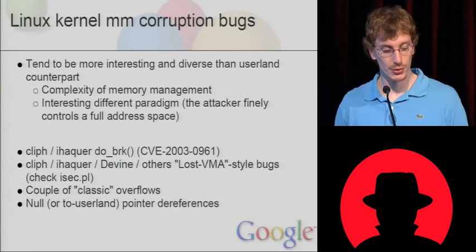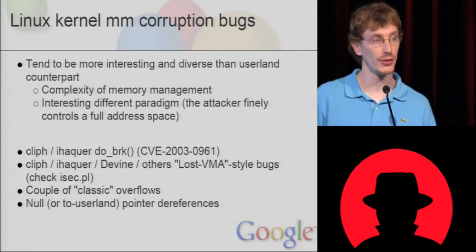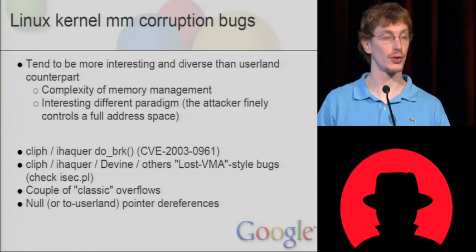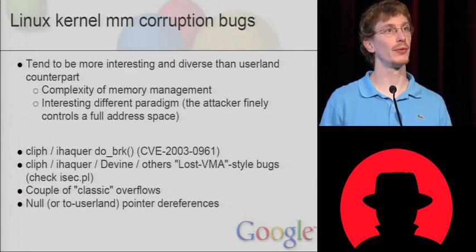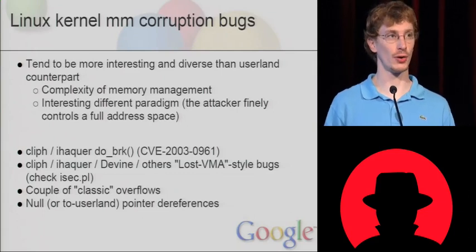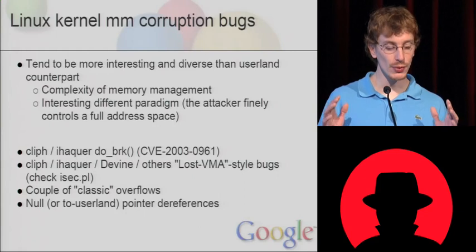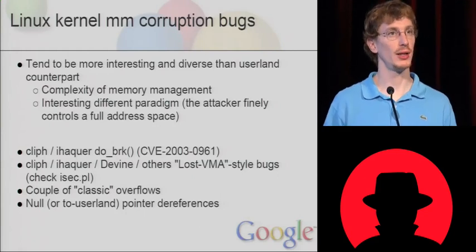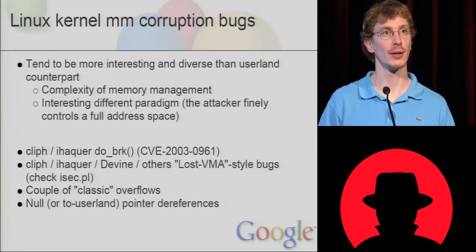And it's also due to an interesting different paradigm where the attacker actually finally controls a full address space. So this allows an attacker to make way more complex attacks because he has the control of a whole address space to finally exploit any bugs he might find.